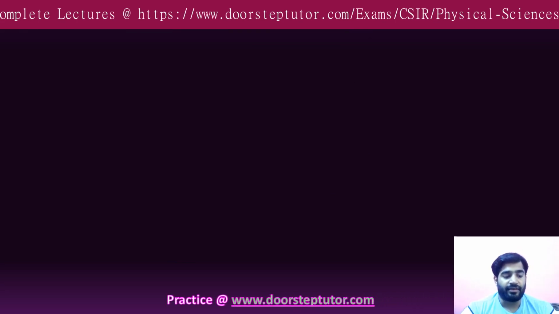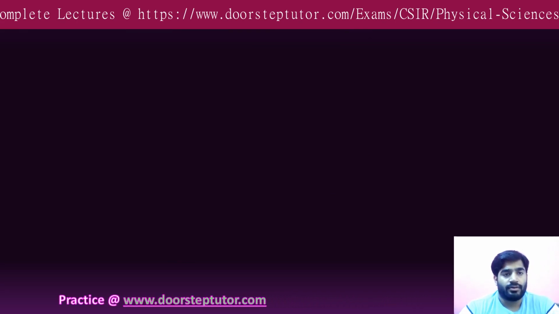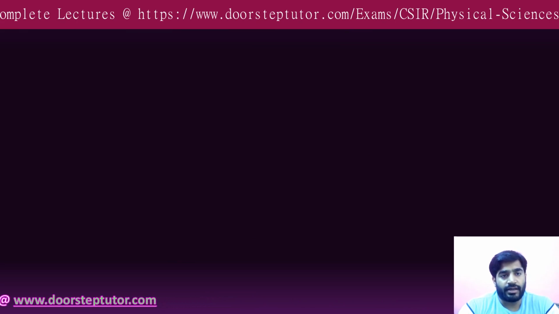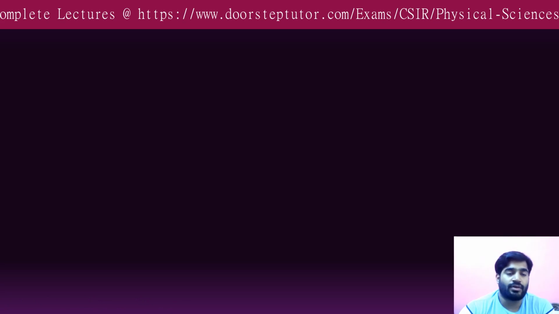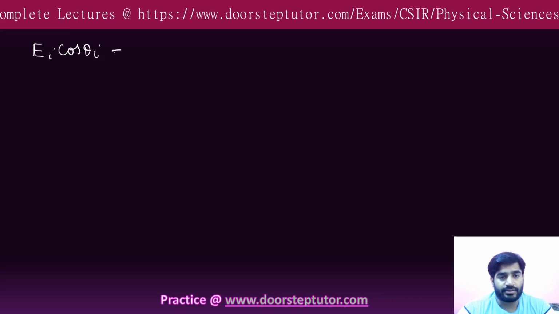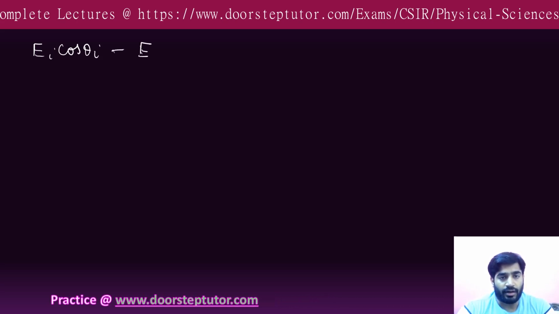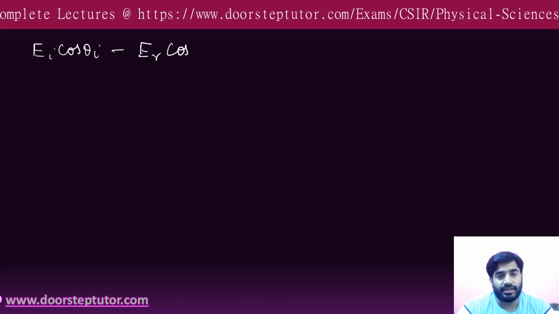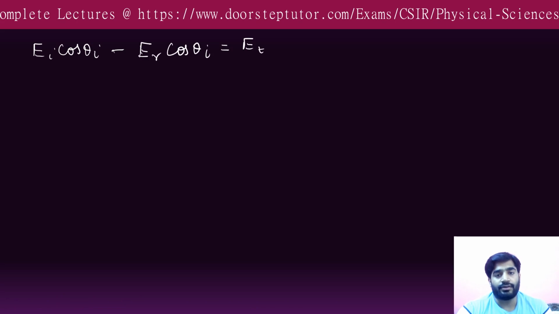For incidence, we have the condition theta I equals theta R, the law of reflection, and in such a way that EI cos theta I minus ER cos theta R, but theta R and theta I are the same here, is equal to ET cos theta T. Clear?